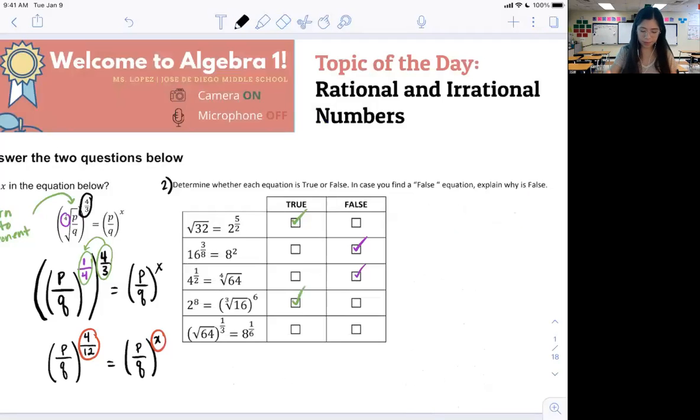So again, we have something that looks a little more challenging because they wrote it one way, but when we write it the other way, it might make it a little more simple. So on the left side, I have the square root of 64 to the power of 1/3. Can I do the square root of 64?